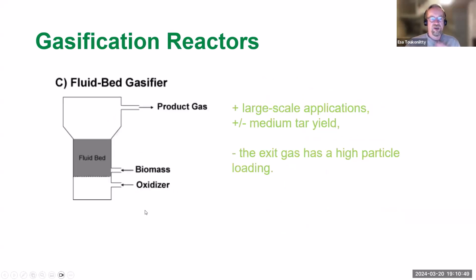And what I'm most familiar with is probably this fluid bed gasifier. I have not worked with such, but I have read and been involved with projects that contain such kind of gasifiers for biomass and also for plastic waste materials.